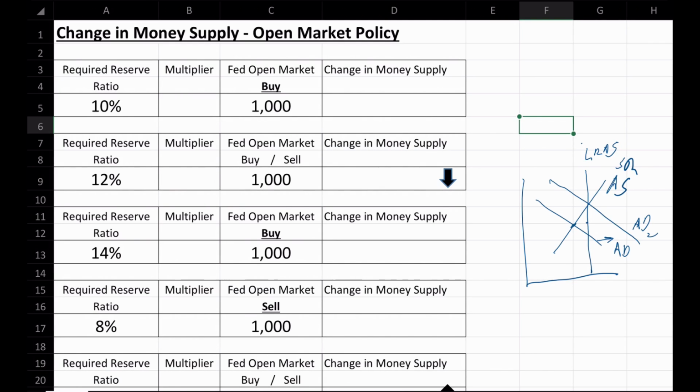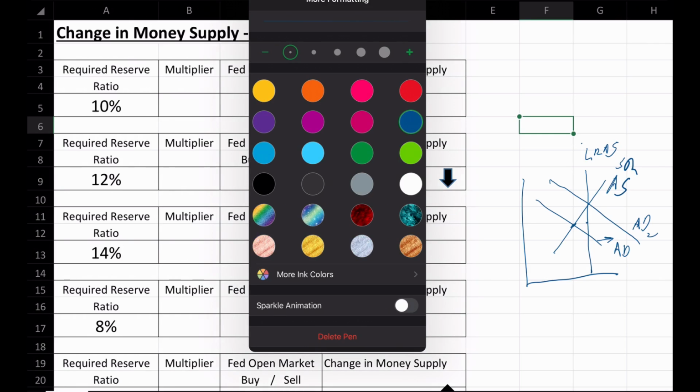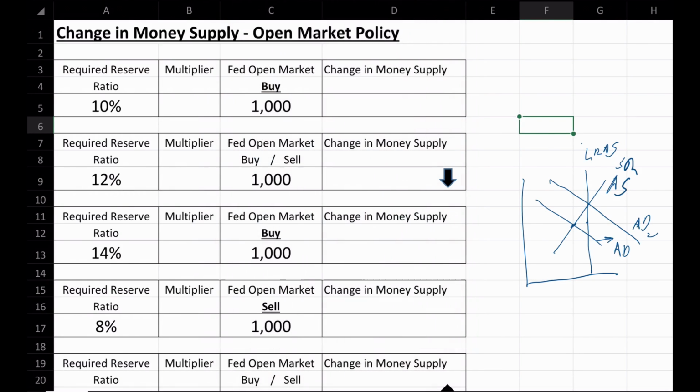Remember what we learned: we have a 10% reserve requirement, so 1 divided by 0.10 will give us 10 dimes in a dollar. The Federal Reserve Bank buys bonds from the banks.